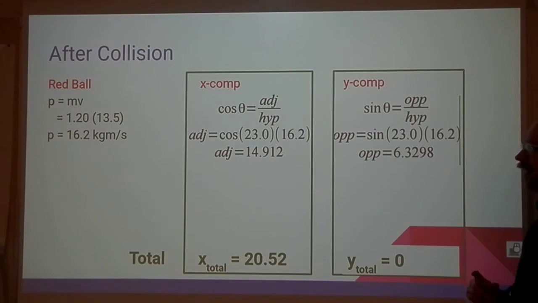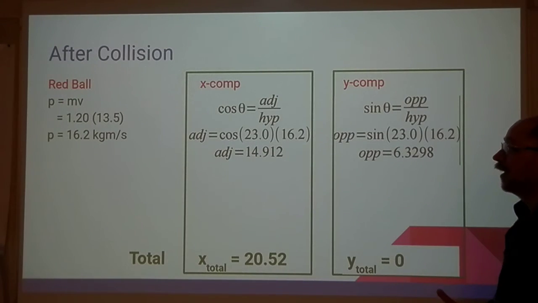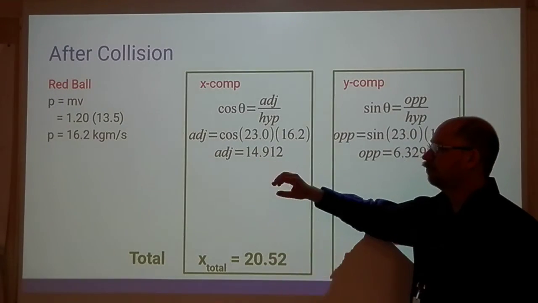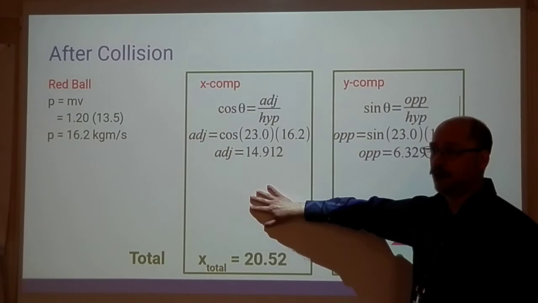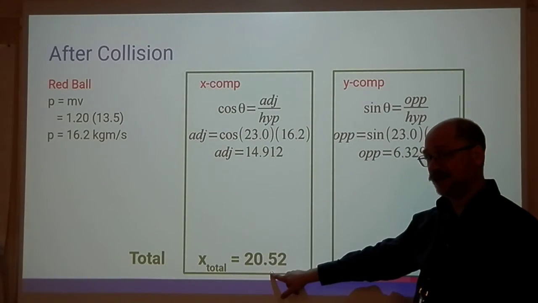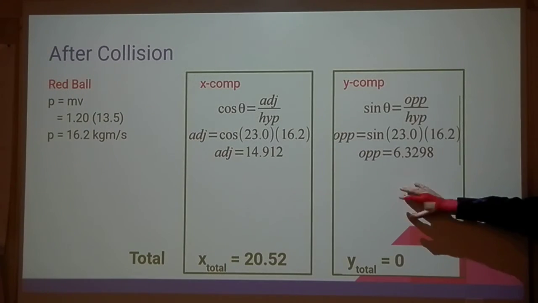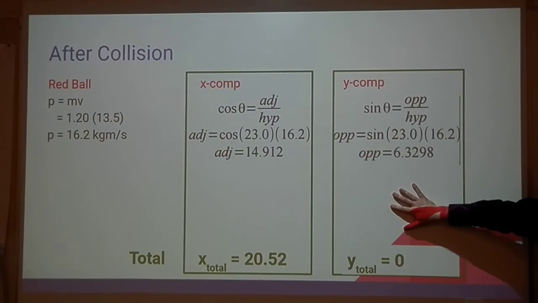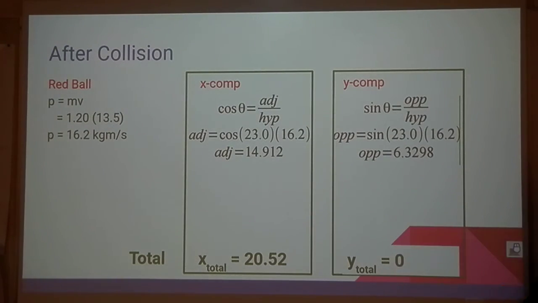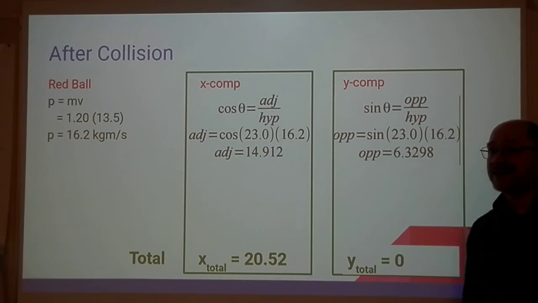Remember that whatever's happening with the blue ball, that's what we're looking for. The x plus whatever is happening with the blue ball has to equal this still. The y of the red plus whatever's happening with the blue have to add together to 0. That just has to be. Otherwise, I wouldn't have conservation of momentum.